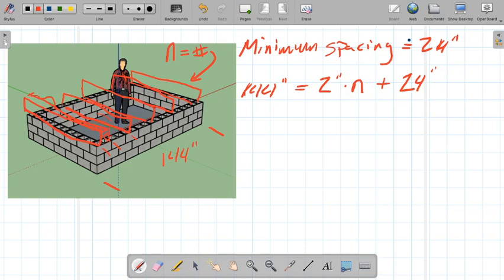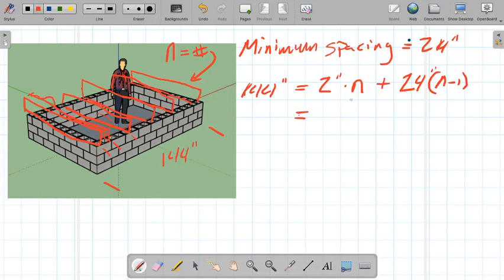And if I've got 2 end joists, I'm going to have n minus 1 spaces in between those joists. So I'm going to put n minus 1 there. And this is a quick little equation I can use to figure out how many floor joists minimum I'm going to need.